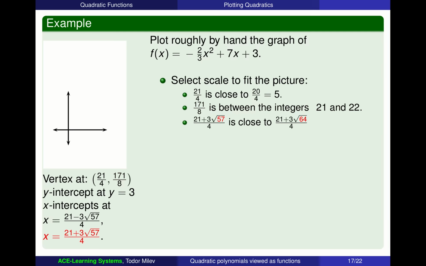So before we actually fix the scale of our picture, let's try to estimate this number and that number by hand. Now, 21 plus 3 times radical of 57 over 4. Well, radical of 57, that's a nasty quantity. It's difficult to estimate without a calculator. But we remember that 57, that's not a perfect square, but it happens to lie between 8 squared and 7 squared, right? That's 64, and that is 49.